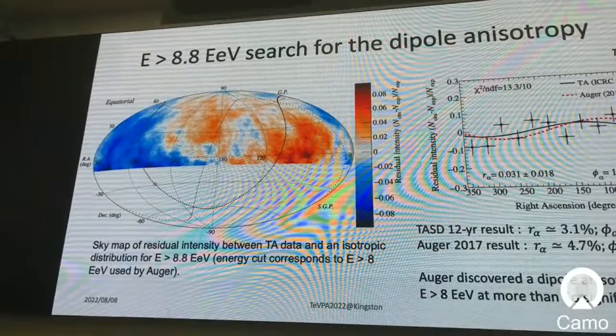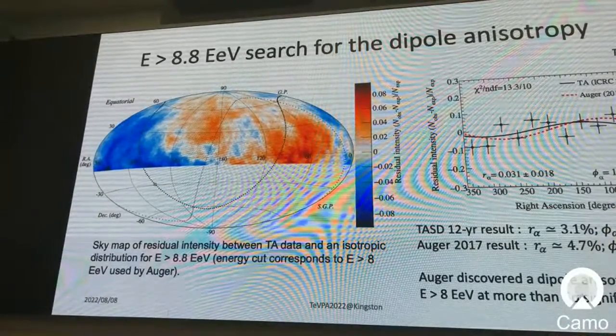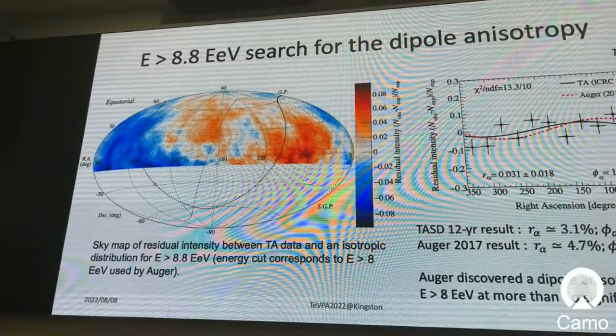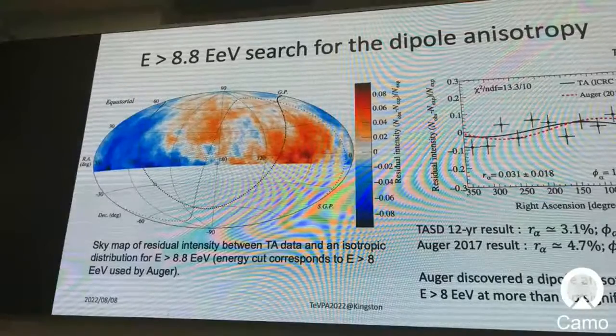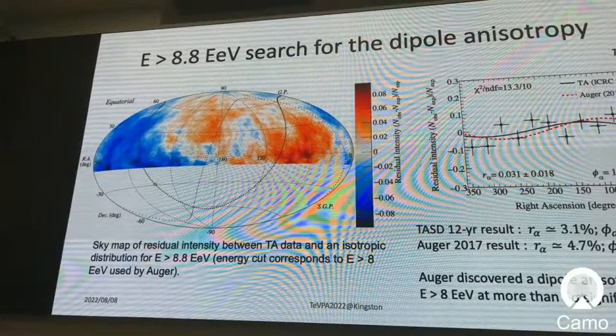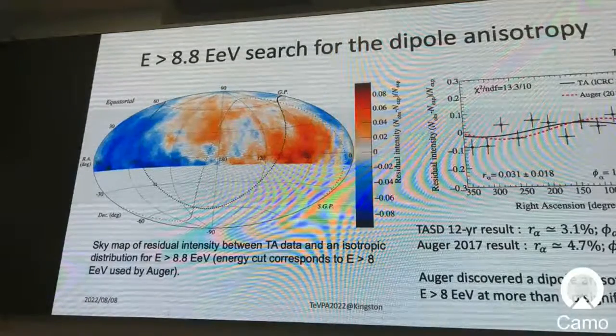And also at lower energy, Auger already discovered a dipole anisotropy above 8 EeV at more than 5 sigma significance. So we are also doing a similar check.